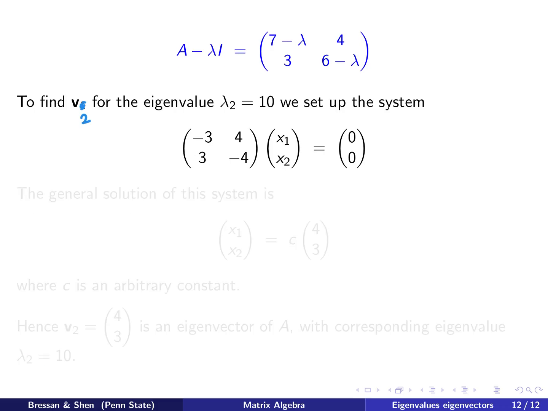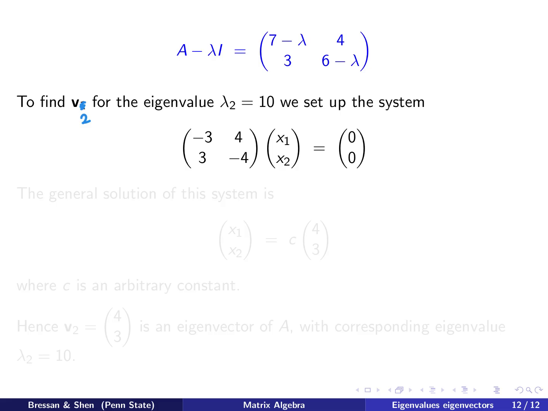Now let's find v2, and we carry out a similar procedure, but putting lambda 2 equal to 10 into the calculation. The system you set up is like this: negative 3, 4, 3, negative 4, times x1, x2. Again, we see that the determinant of this is 0 because multiplying the first row by negative 1 gives exactly the second row.